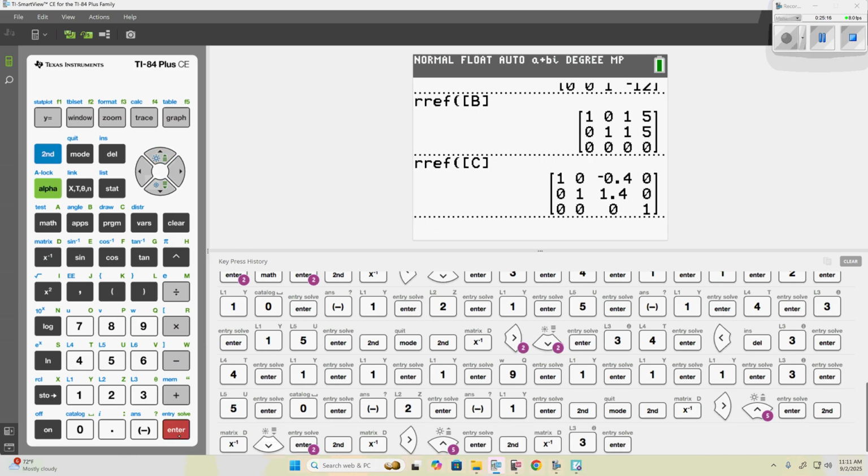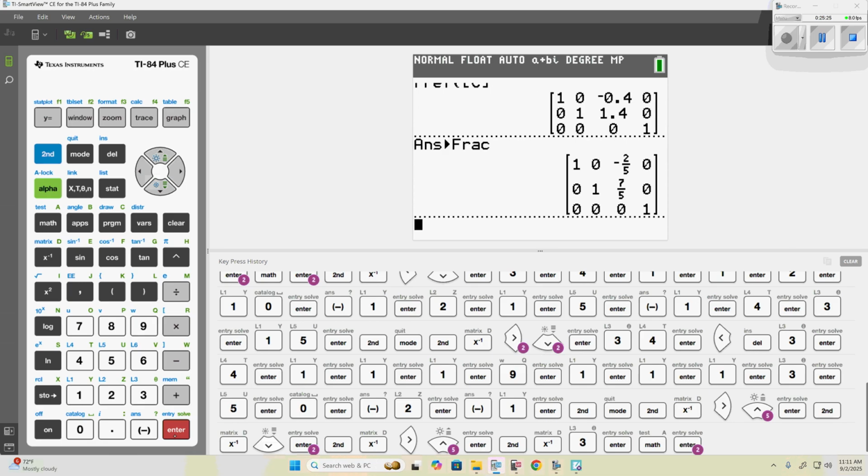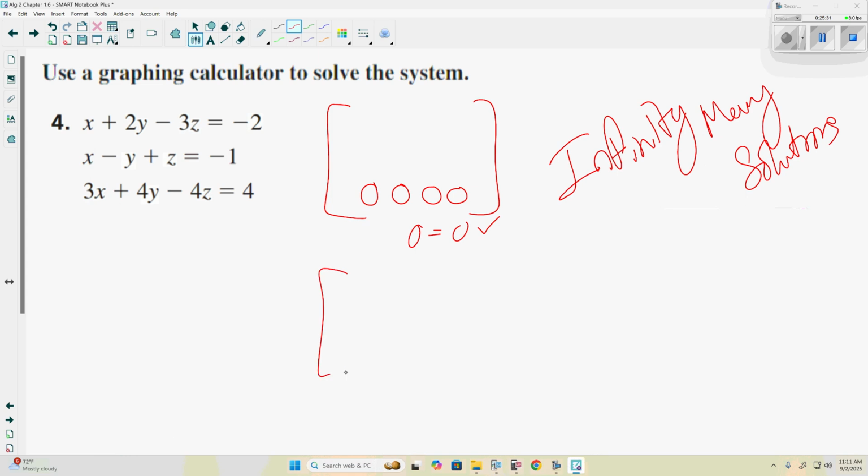Now, if you type this in and get one like this here, so we do have decimals. We can go math, enter, enter, and that's fine. But if we look at the bottom row again, this time we got 0, 0, 0, 1. What that's telling us is that 0 is equal to 1.